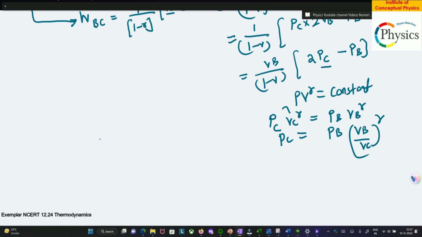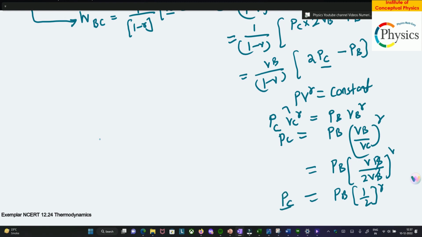I have brought VC^gamma to the right hand side, and I am again going to replace VC with 2VB. So this is PB (1 by 2)^gamma. This is called PC. So we know what PC is now.